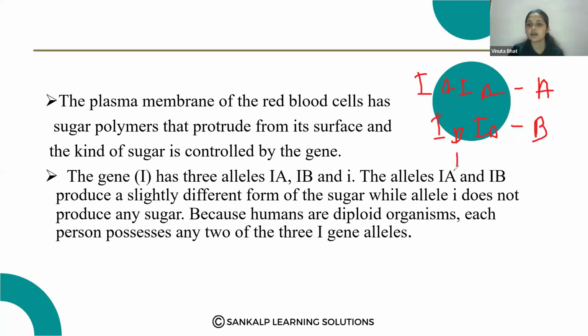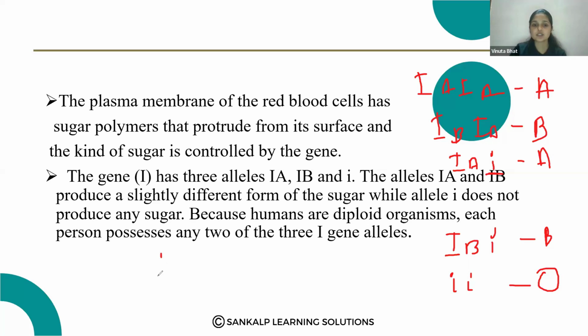Here, if IA and small i are there, then the blood group is A blood group, because this capital IA dominates over the small i. And IB with small i is B blood group. In case only small i is there, that is called O blood group.